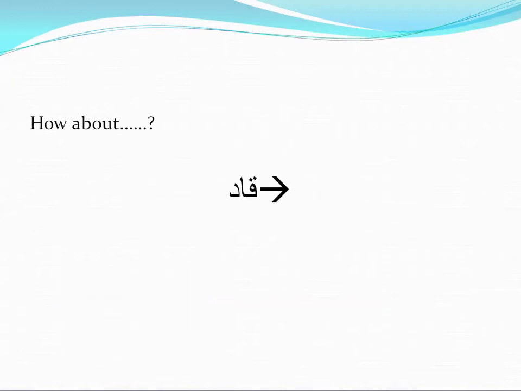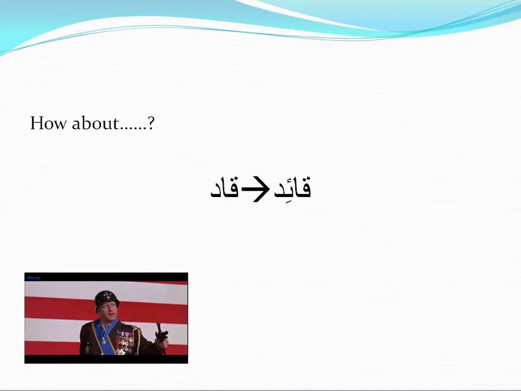How about this one? Qada. Qada is to lead. If we want a leader, it's qa'id. And again, it's the same rhythm in every case. Za'ir, sa'iq, qa'id, and so forth. The same rhythm is going to hold for all these letters, which is really good.